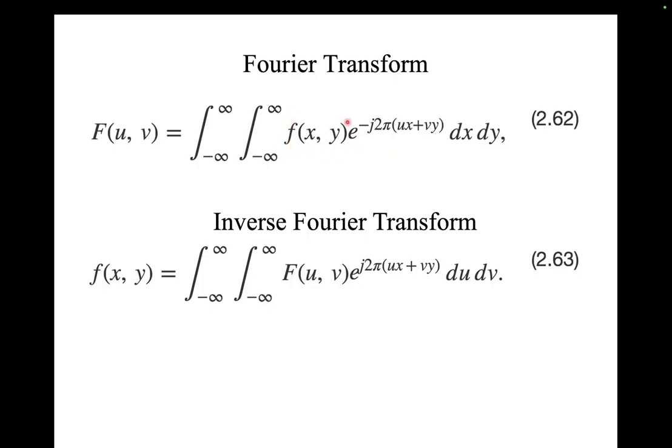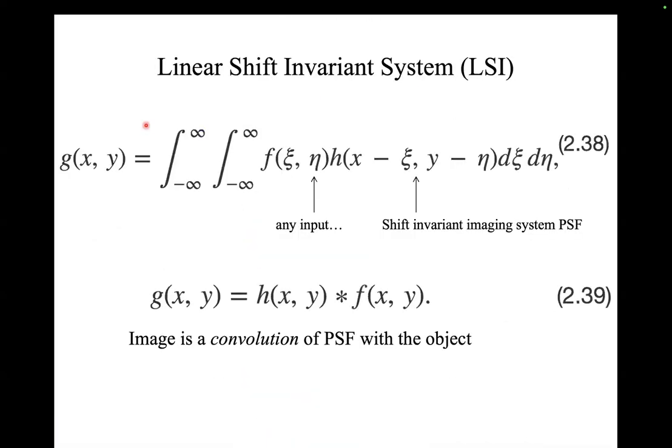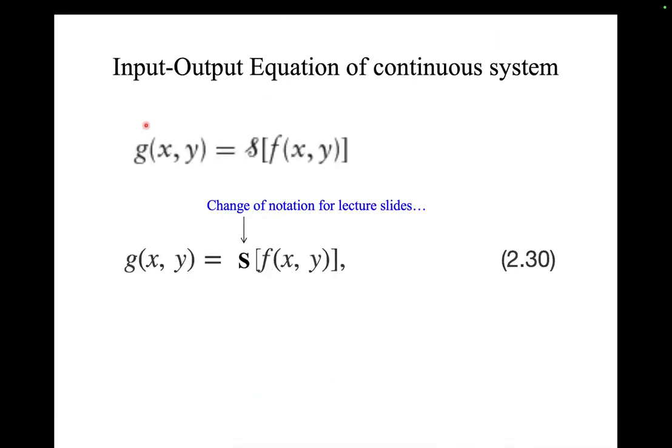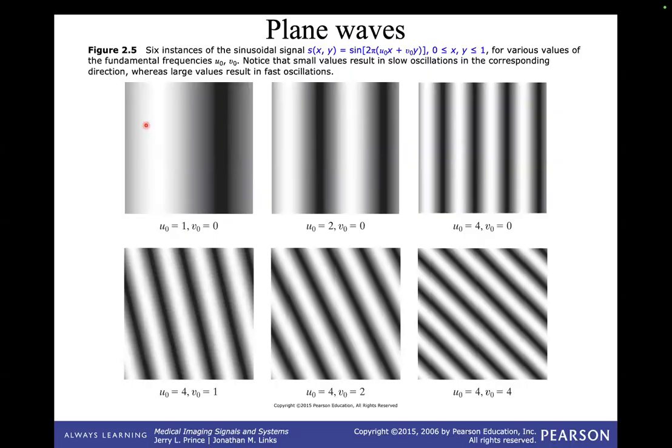So if I have a function in two dimensions, a continuous, nice function, and I want to know what spatial frequencies are represented in that function, let's think back to about four slides ago, or maybe more than four.